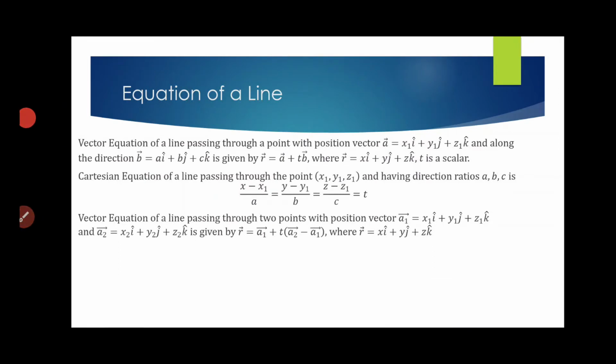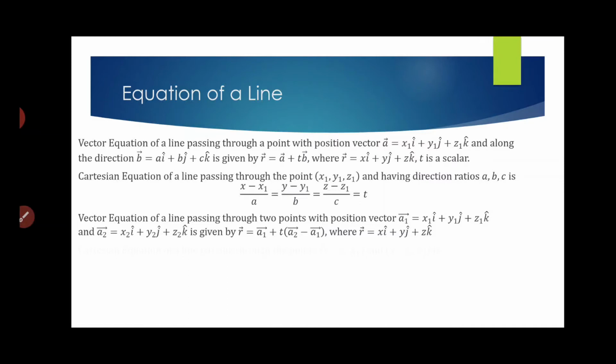Now, if instead of the direction of a straight line I am given 2 points on the line, so previously I was given a point and then the direction, but in the second case I am given 2 points on the straight line. Let us tally this with our 2 dimension.